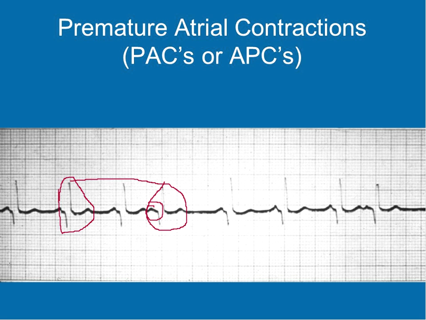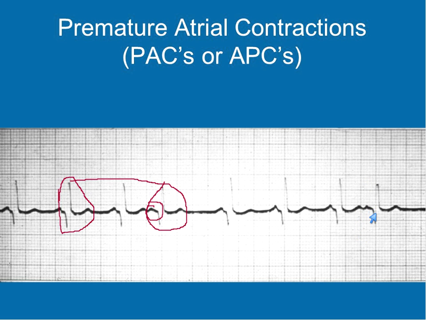And then following a PAC, there's typically a compensatory pause. And so you can see that there's that irregularity. And then the rhythm starts kind of normally again. And here is another early beat. So premature atrial contractions are early.